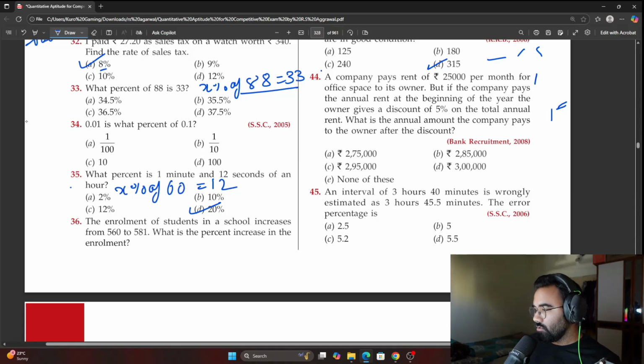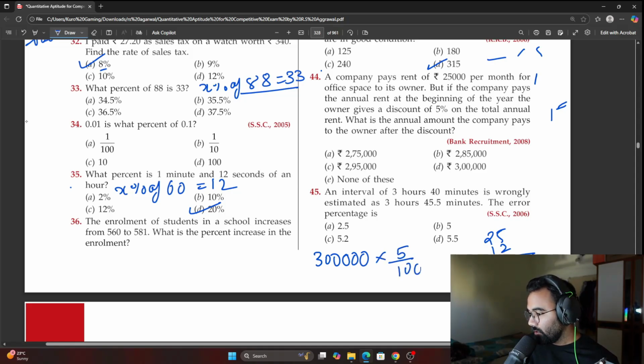So simply you multiply. You calculate the annual rent first. So if the per month rent is 25,000, I'll simply multiply. 0, 10, 300. So okay, 300, and plus I need to add 3 more zeros. So this is the annual rent, and now 5% of this, that is the discount. 3 5s are 15, and then 3 zeros.